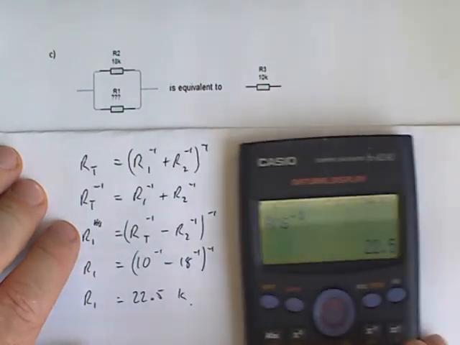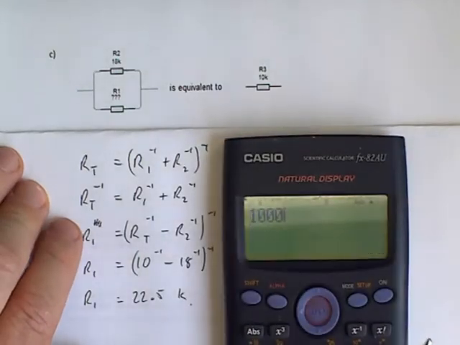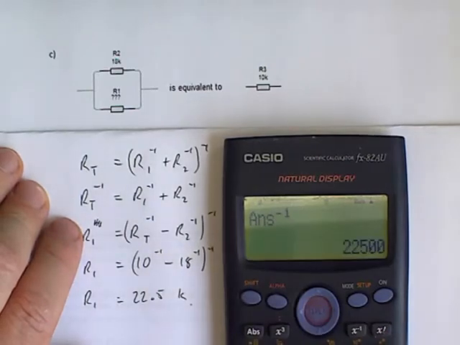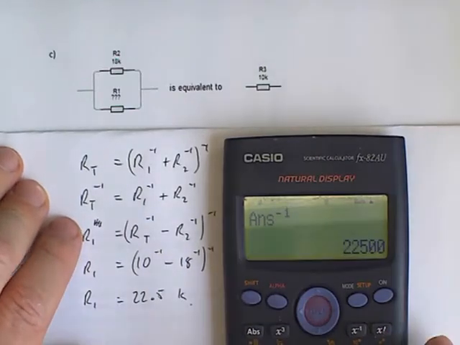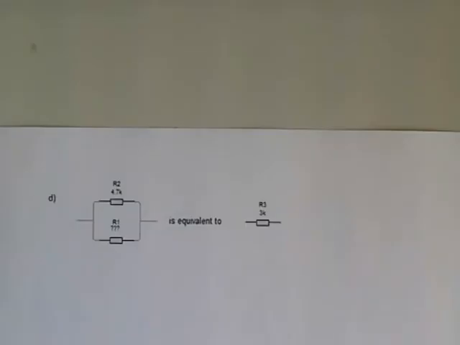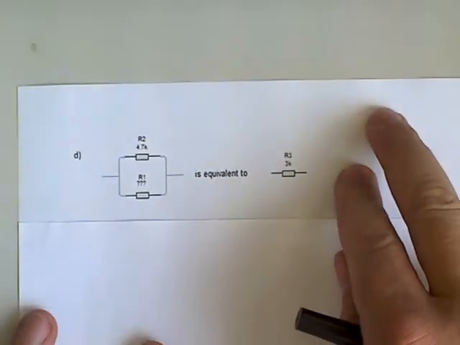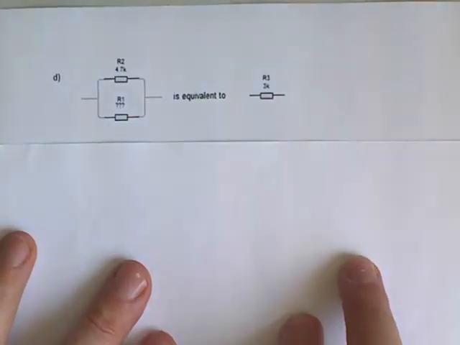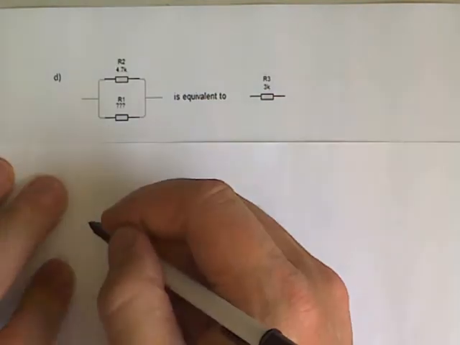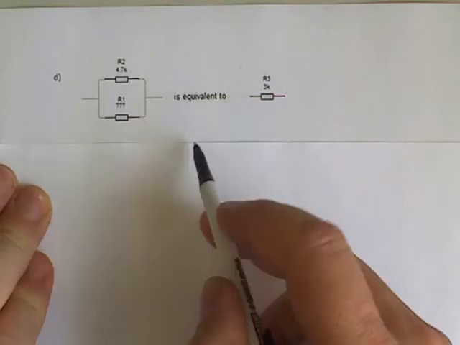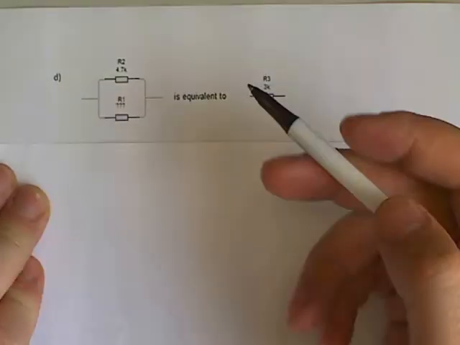Let's just check to make sure that that works. 10,000 reciprocal minus 18,000 reciprocal equals, take reciprocal, 22,500. Good. Still another problem similar to that one. So we have a 3k equivalent resistance from a 4.7k and some unknown resistor.